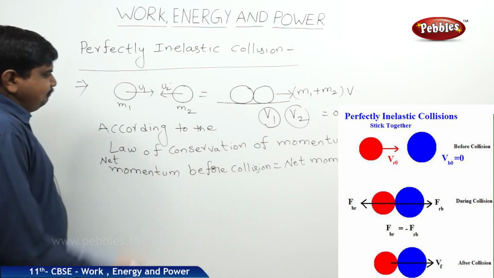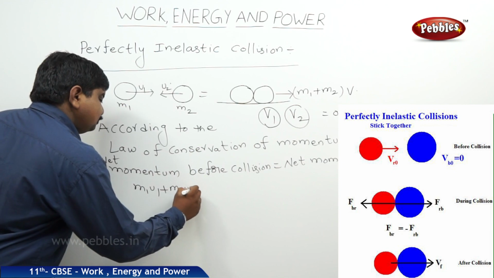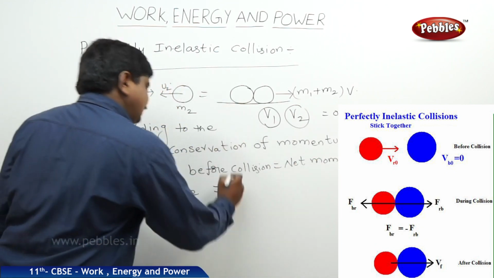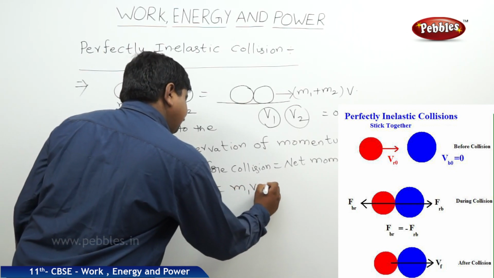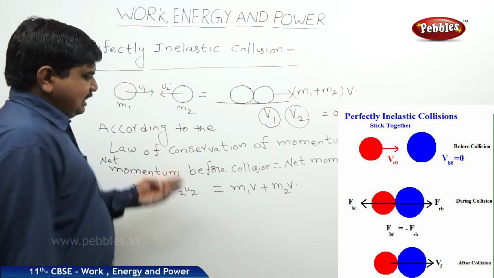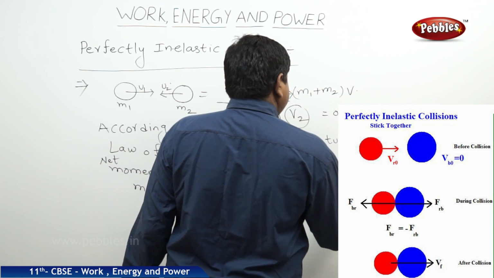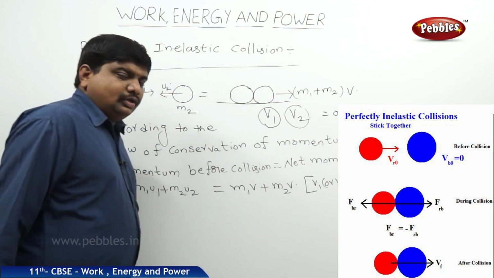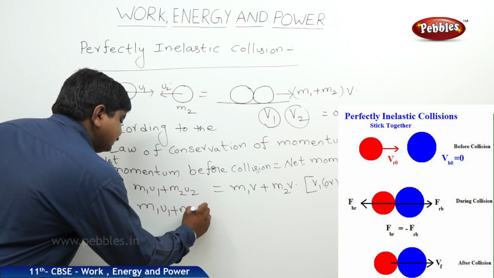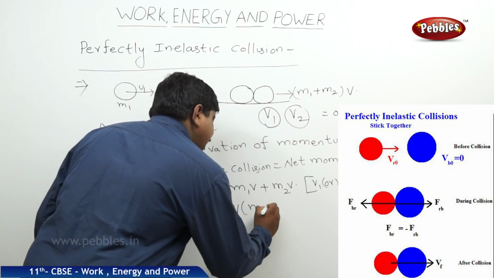Here the net momentum before the collision is m1 u1 plus m2 u2, which is equal to the net momentum after collision. The m1 body is moving with velocity v as well as m2 also moving with the same velocity. So in this case, the equation changes like this: m1 u1 plus m2 u2 is equal to v of m1 plus m2.